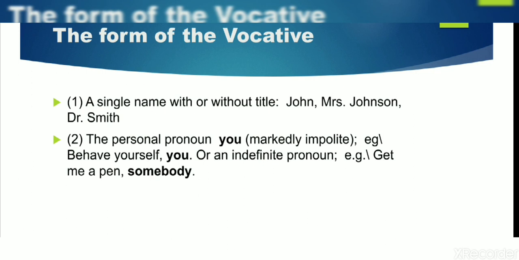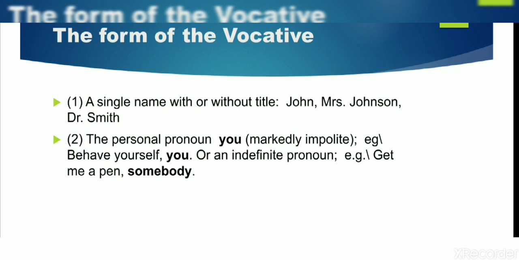Now, as we mentioned earlier, the vocative is a nominal element. So whatever is considered nominal, we can use it as a vocative within the sentence. And here we are going to classify the types of vocatives that we can use within our sentence.